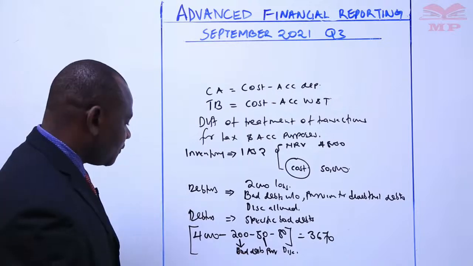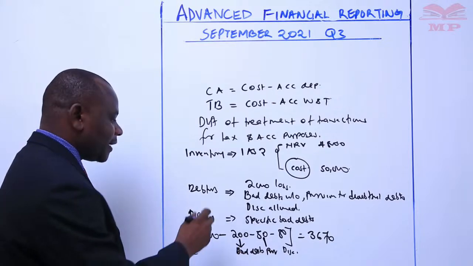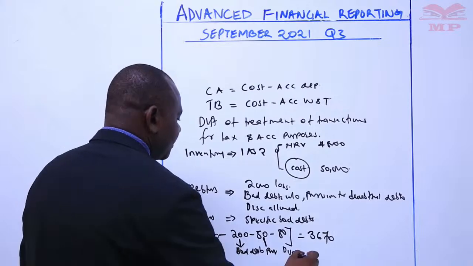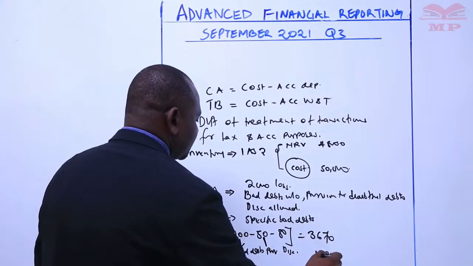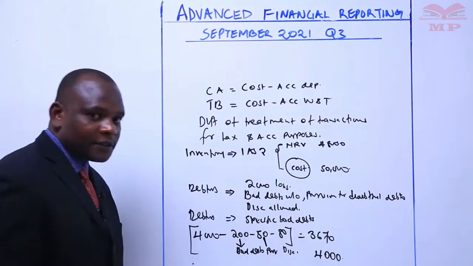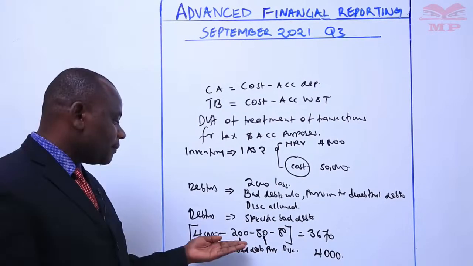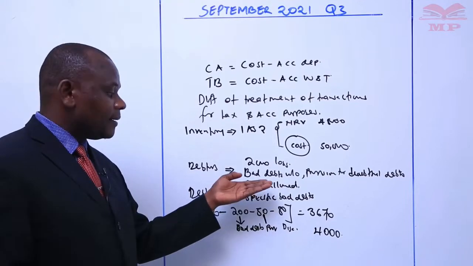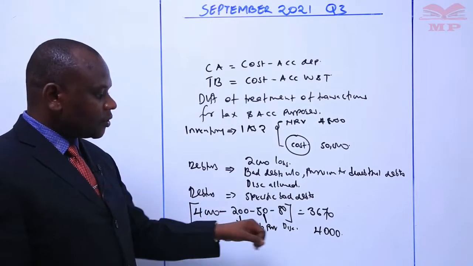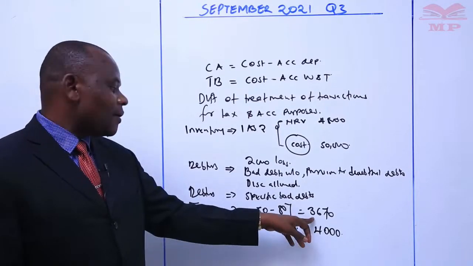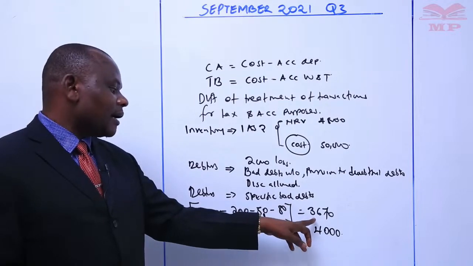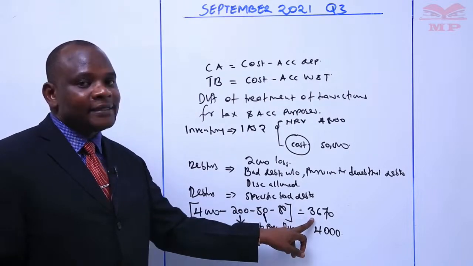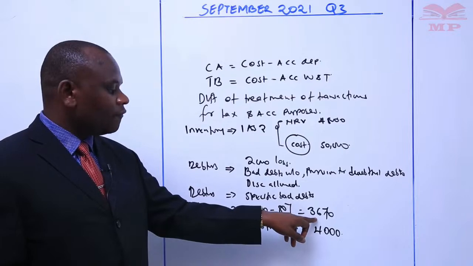When the taxman gets the financial statements, he will say that the value for debtors was supposed to be 4,000, because to him, he only recognizes specific bad debts. And so, in this case, according to the taxman, the accountant has understated the value for debtors.